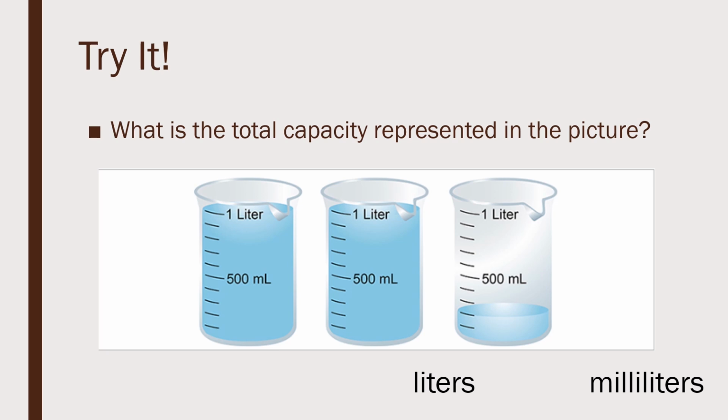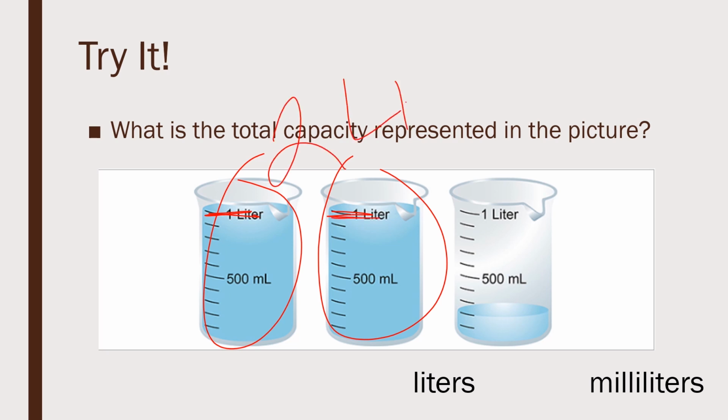All right, so we have another question similar to the last one with a different image though. So I hope you feel comfortable starting off with our liters. We know that in the first two containers, we have our lines filled to the liter, so we know that we have 2 full liters here, right? We have 2 liters.